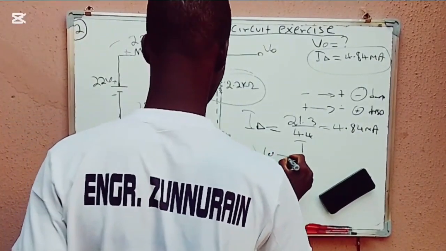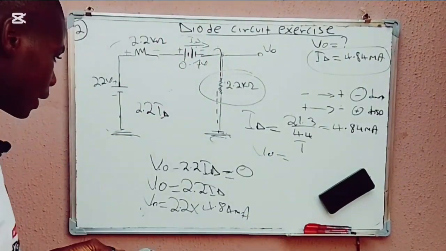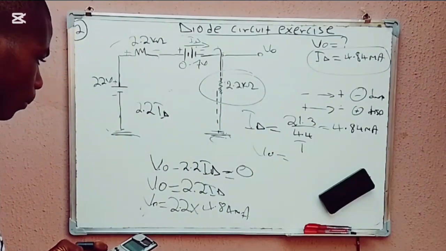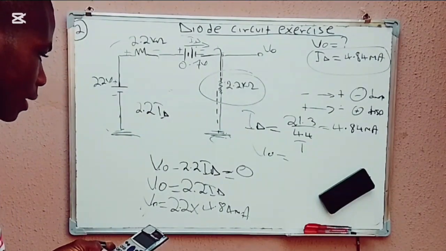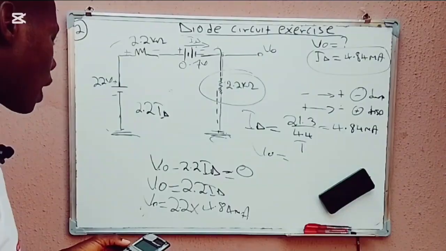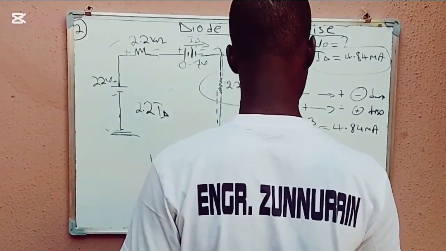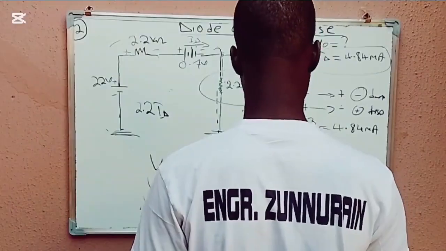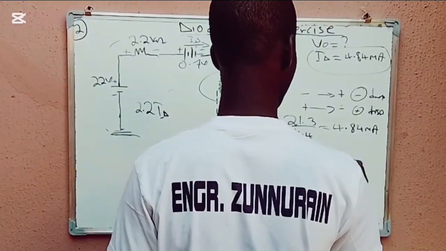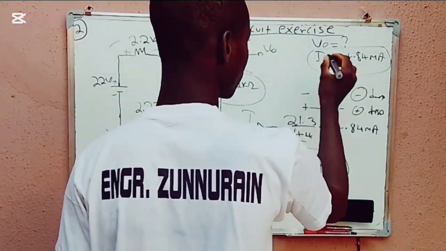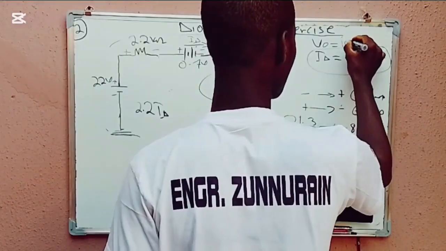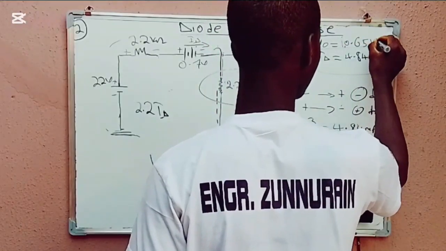The V out should now be 10.65 volts. So therefore the voltage should now be 10.65.